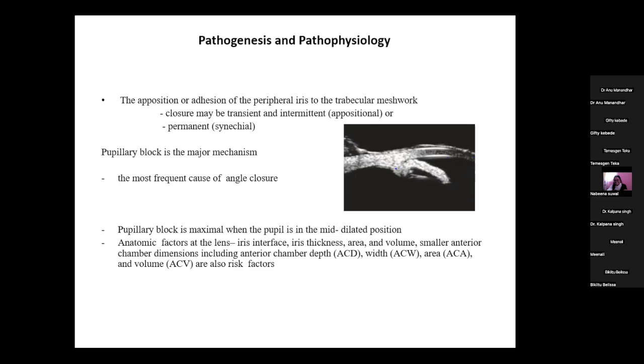primary angle closure, and pupillary block is maximum when the pupil is in the mid-dilated position. There are certain anatomical factors like lens iris interface, iris thickness, area of the iris, volume of the iris, small anterior chamber dimensions including anterior chamber depth, width, anterior chamber area, and volume. These are also risk factors for angle closure.